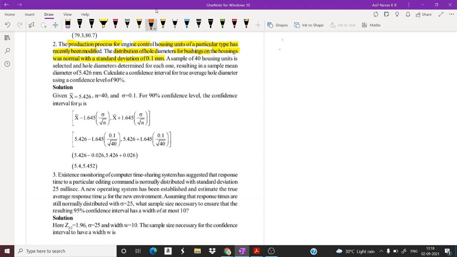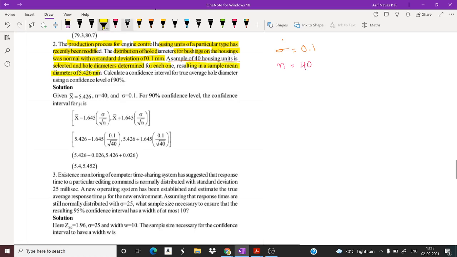The population standard deviation is given, 0.1. A sample of 40 housing units is selected. So sample size is 40. And hole diameter is measured for each, resulting in a sample mean.